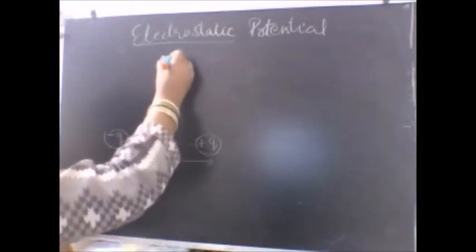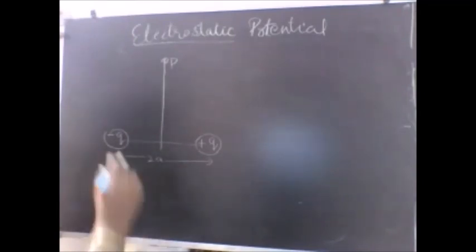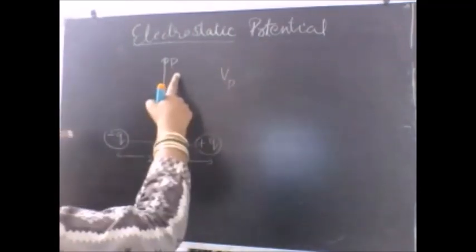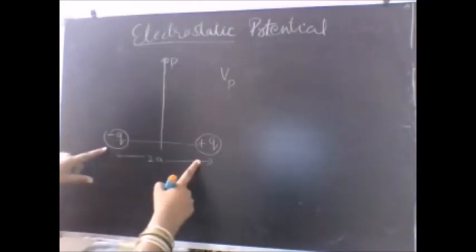Say at this point P on the equatorial line, I need to find out the electrostatic potential. So the net potential at the point P is contributed by this negative charge as well as due to this positive charge.